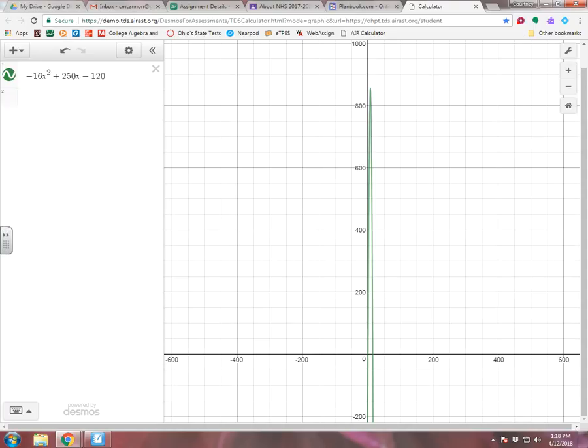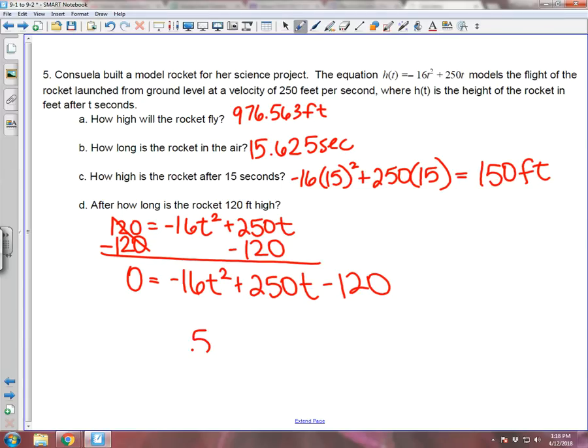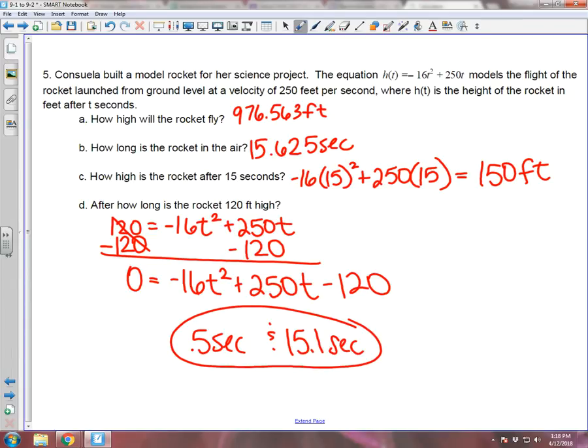At the x-axis, correct? So, how long will it take it to get 120 feet high? 0.5 seconds and 15.1 seconds. Still doing all right? You sure? Good. I would like you to do the next rocket problem on your own, please.